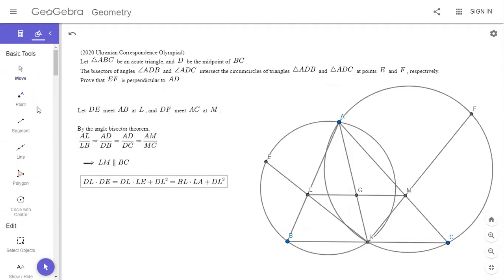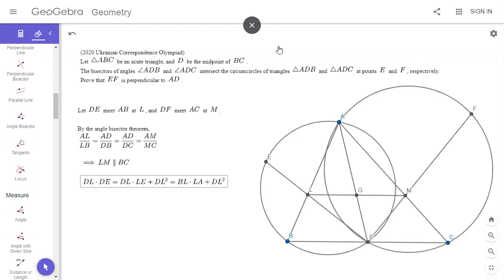So DL squared is equal to AD times DB minus AL times LB. How do you get to that?